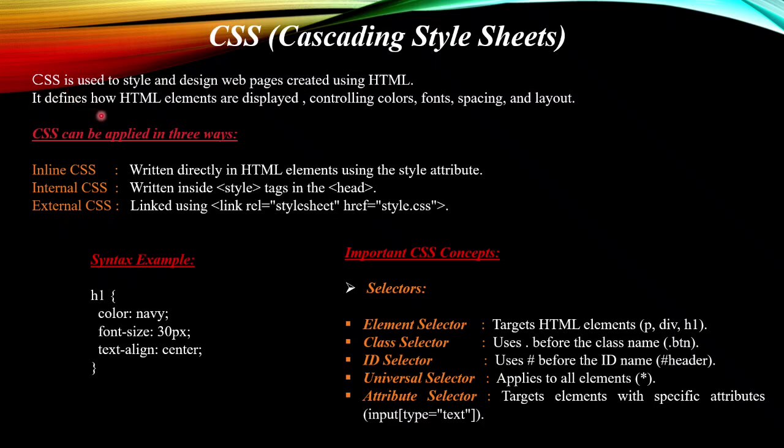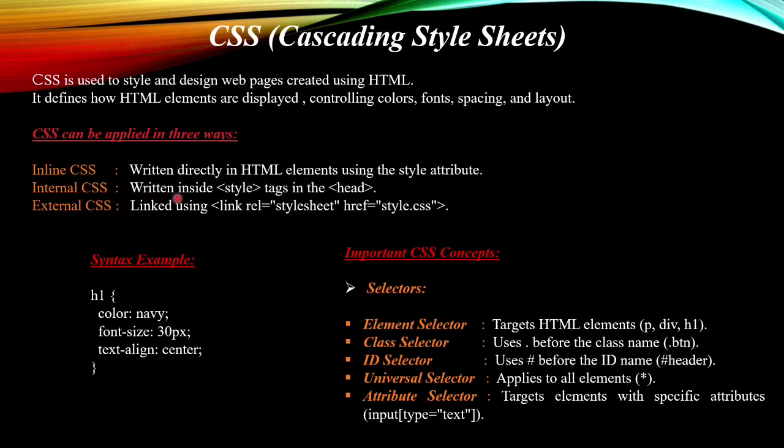Whereas using HTML, we can only give a layout to our website, CSS will design our website according to the user's needs. CSS can be applied in three ways: inline CSS, internal CSS, and external CSS. Inline CSS is written directly inside the HTML elements like h1, paragraph, and all using the style attribute.